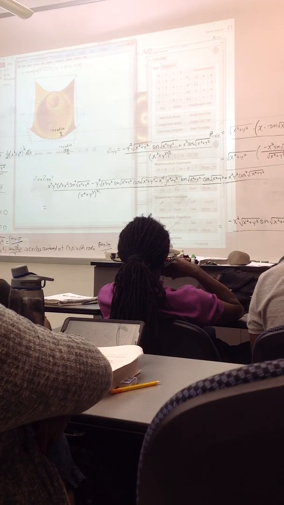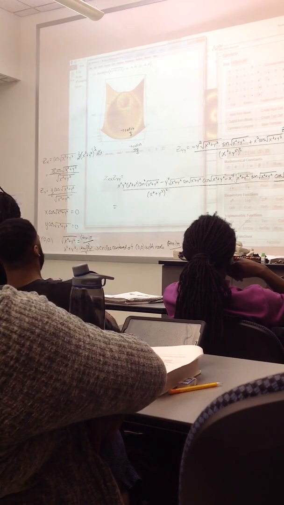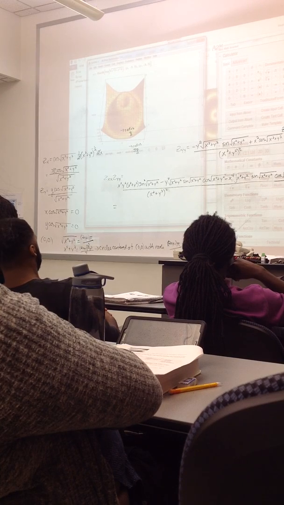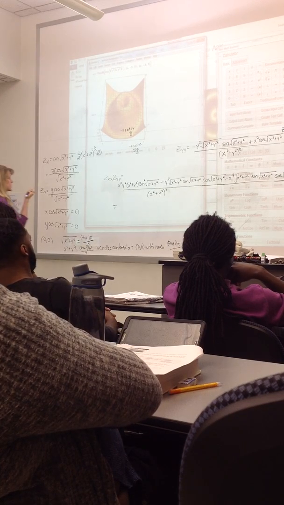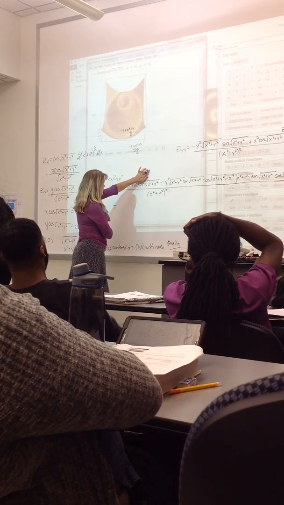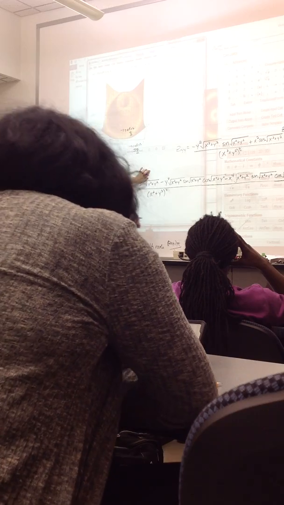So if we know that x squared plus y squared equals some odd multiple of pi over 2 squared, then sine of an odd multiple of pi over 2 is either going to be plus or minus 1.